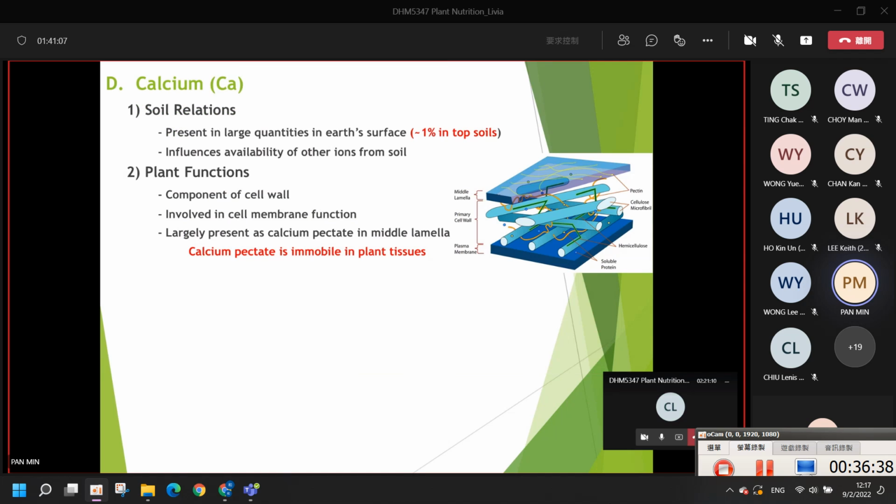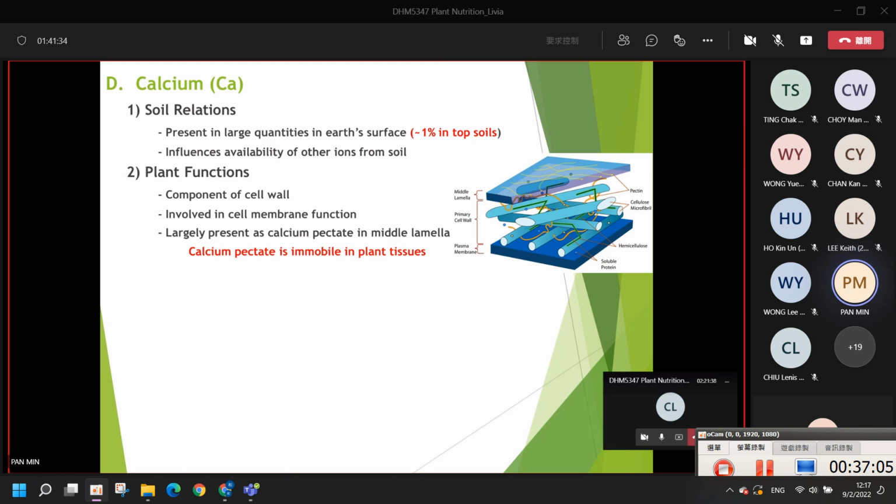Next one, the calcium and the soil relationship. Calcium is present in large quantity in the Earth's surface. It occupies almost 1% in the topsoil.